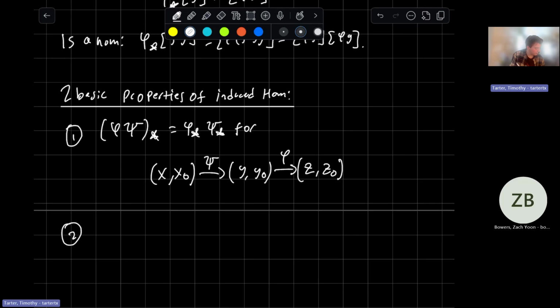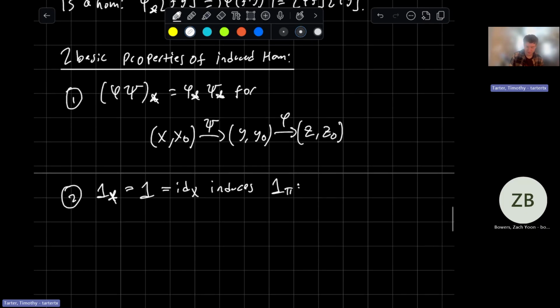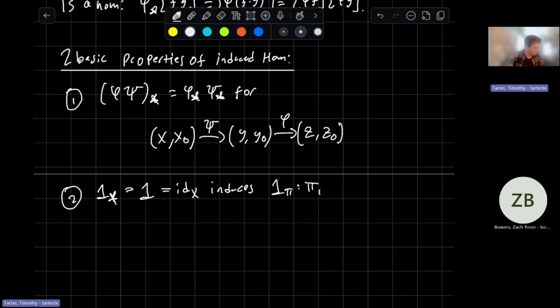And then the identity map on X induces an identity map from one fundamental group to itself. The notation for identity map in this book kind of sucks, I gotta say. That's been my main complaint so far.